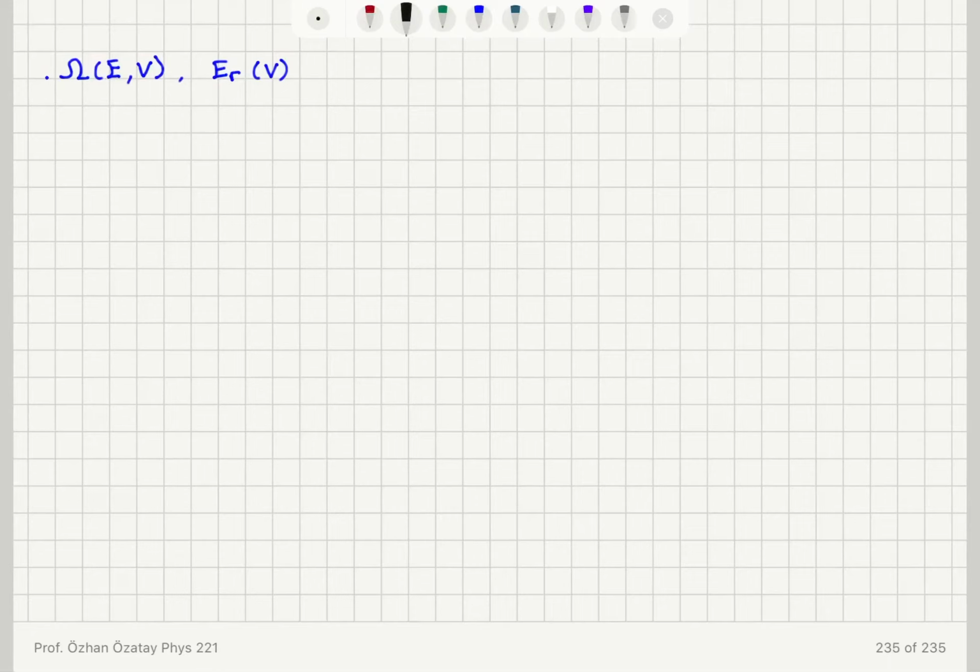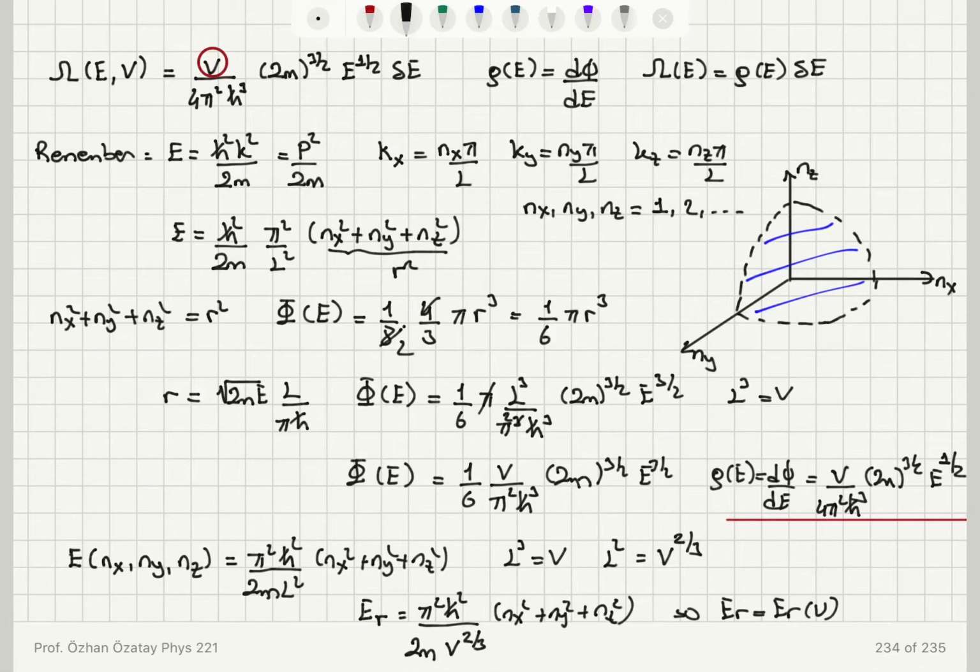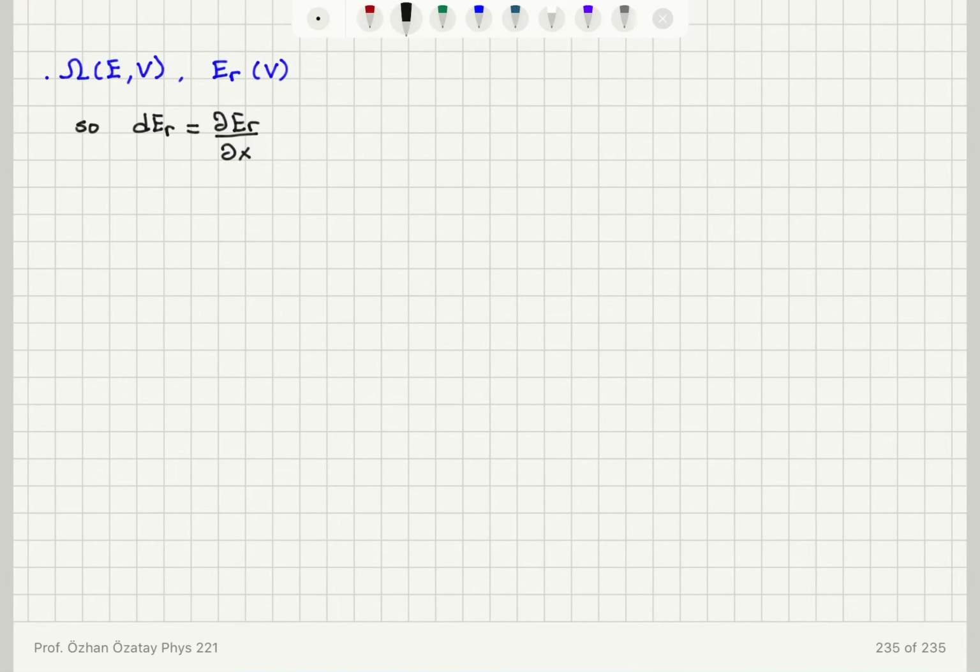So if you want to find out the change in the energy level, dE_r, due to a change in the external parameter, it will be del E_r del X, because the energy level E_r depends on the values of nx, ny, and nz, and it also depends on the volume V, the external parameter. So when you want to find a change in the energy level for fixed values of nx, ny, and nz, this will be del E del X multiplied by dx.